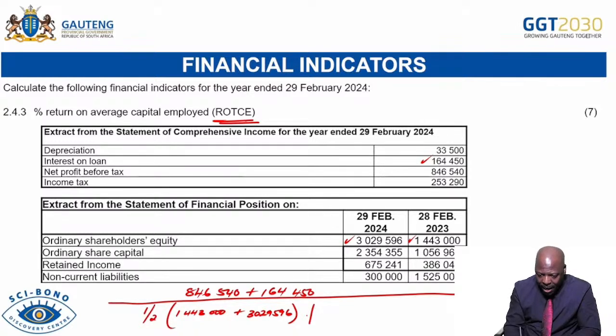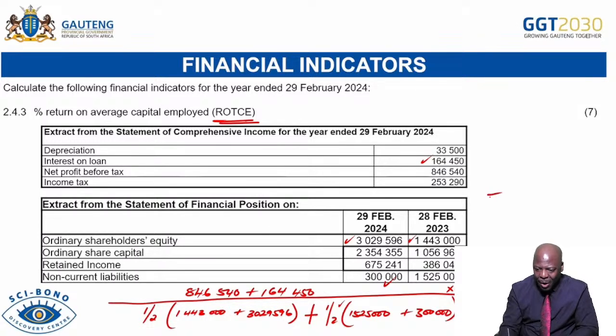Then I'm going to say plus. Again, I'm going to get another average of my non-current liabilities. So I'm going to say my non-current liabilities at the beginning, 1,525,000, and then I'm going to add my non-current liabilities at the end, which is 300,000. And remember, it is average again. And then all of this multiply by 100 over 1.